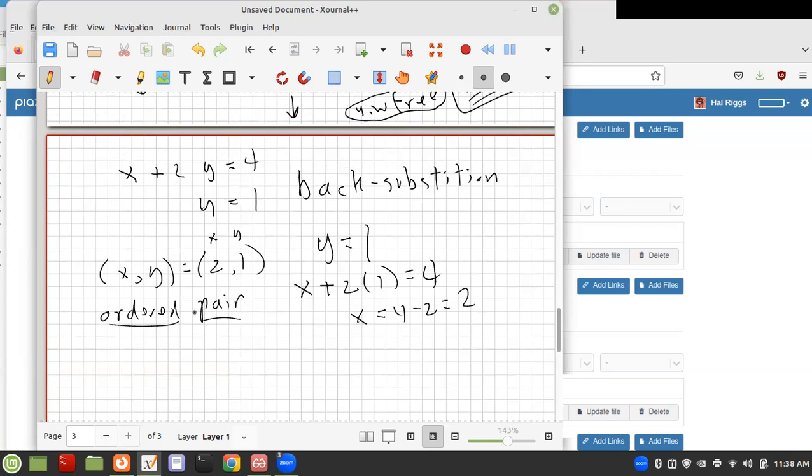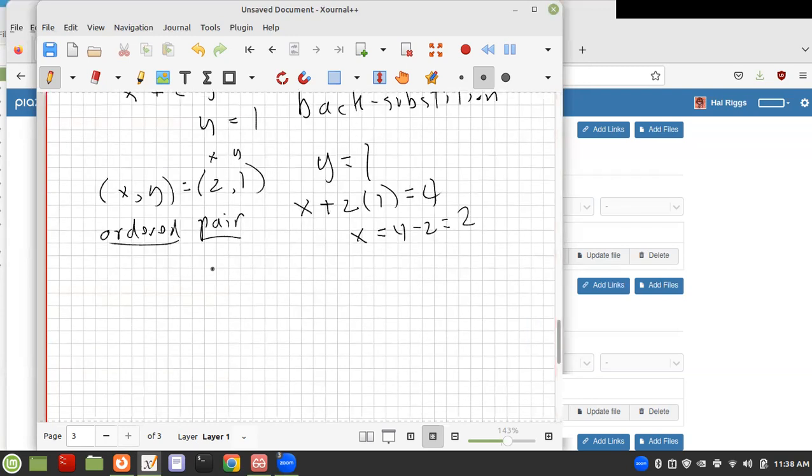But we're going to record these solutions in another way. We're going to write this solution like this, and we're jumping the gun a little bit, but this is going to be a vector. It's just like an ordered pair, but we're going to find out that vectors can do stuff. The only difference here is you have written it vertically, and I haven't written the comma.